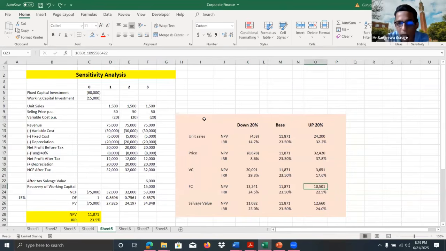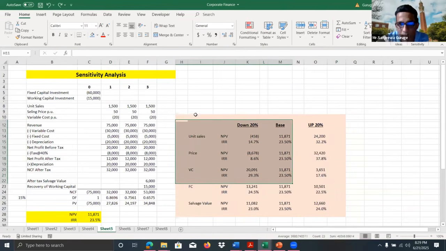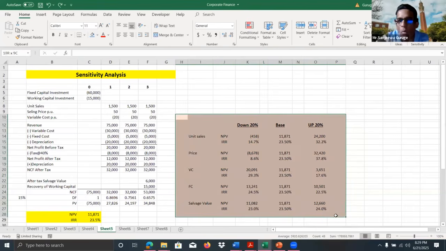Based on the results of this sensitivity analysis, what do you think is the most sensitive variable for this project? Price. That's correct. The unit selling price is the most sensitive variable.